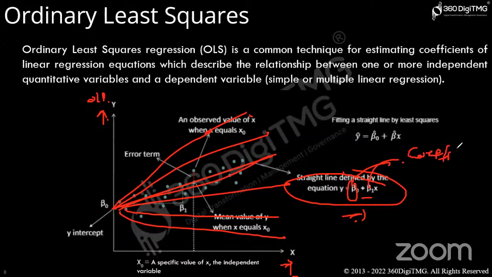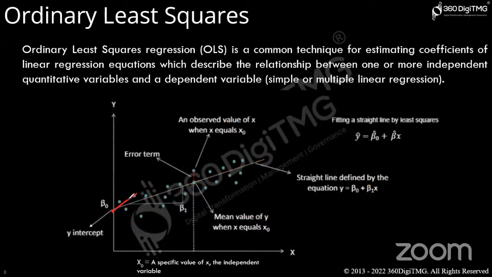Coefficients. Beta naught is a constant value and beta 1 is the coefficient value for that particular feature. When you are building a model, it will automatically assign the coefficient values. So what we are doing here is multiple iterations. Let's say first we draw one regression line, or the prediction line, you can say.